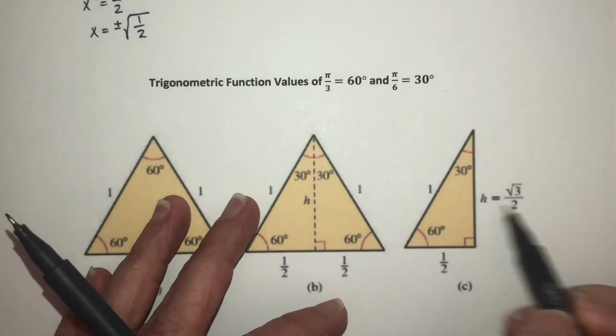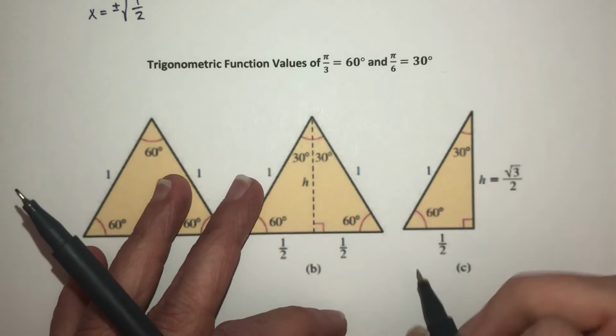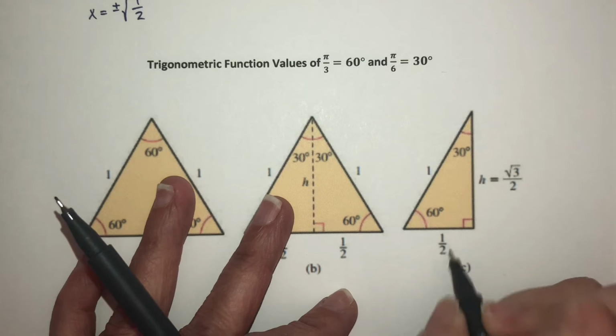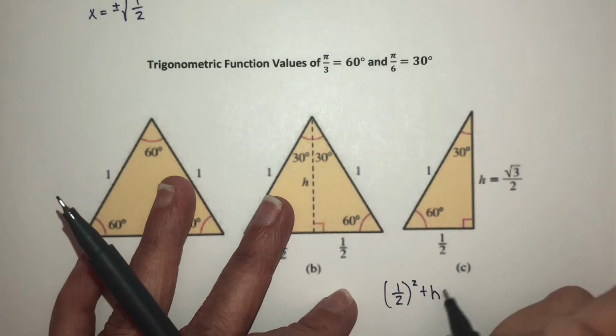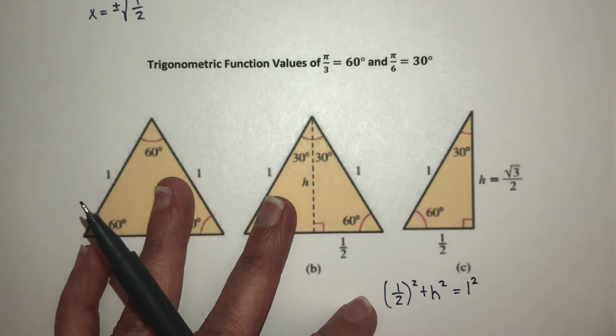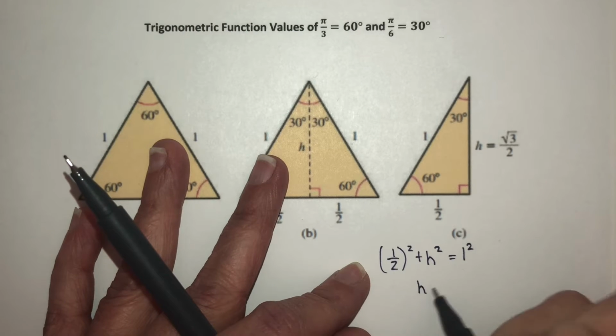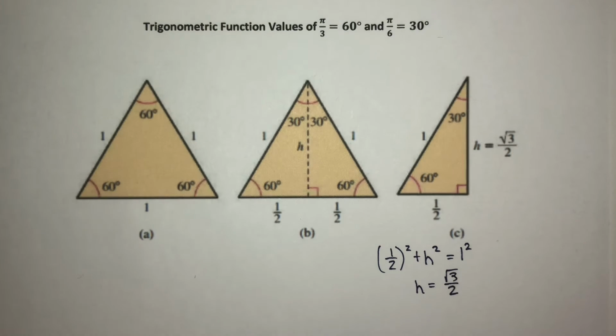Now, how did they get this? Simply using the Pythagorean theorem. If I have a squared plus h squared equals 1 squared, and you do the calculations, you get your h value is the square root of 3 over 2. I'm not going to go through all that. I know you know how to do that.